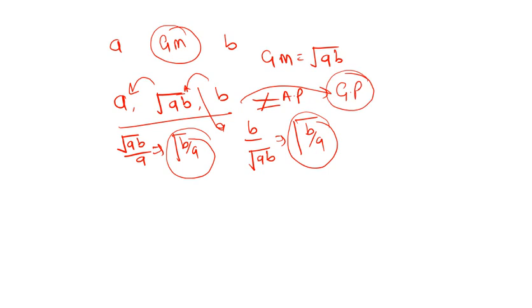Now the question used to come, what is the relation between arithmetical mean and geometrical mean? We will see it. You know your arithmetical mean is (a plus b) by 2, and your geometrical mean was square root of ab.